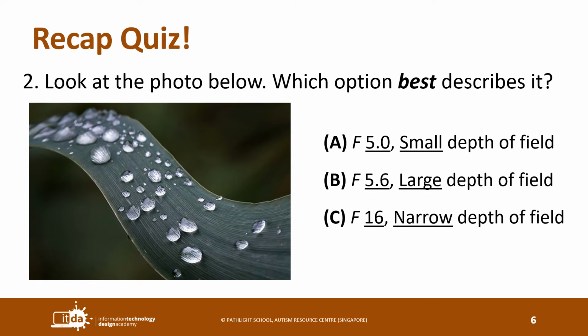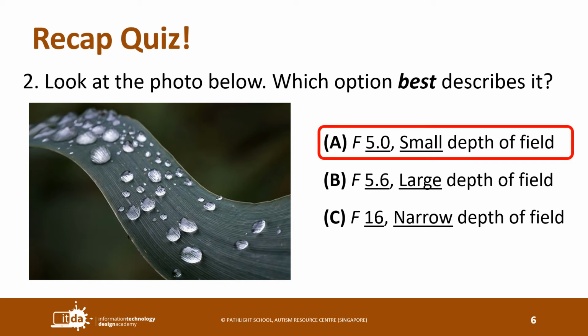Okay, take a look at this photo now. Take about 5 seconds to understand the photo before you try the answer on your own. Okay, let's take a look at the answer. The answer is A. All right, small depth of field, small F number. If you take a look at this picture of a leaf with water droplets here, you notice that only the leaf and some water droplets in the middle are very clear.